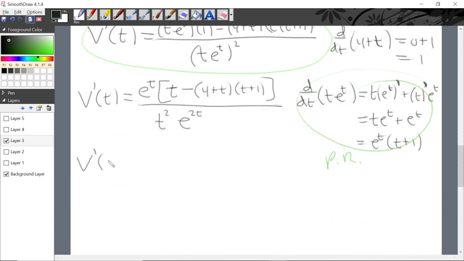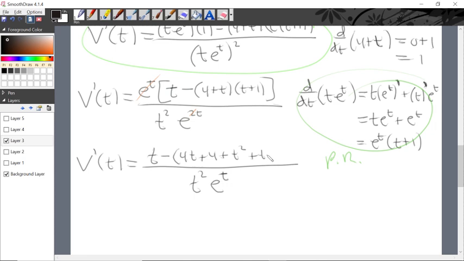Okay, so v prime of t, cleaned up further, now we can cancel one of these e to the t's here with one of these down here. Okay, so the denominator now is t squared e to the t. And the numerator, let's see what we get if we FOIL this out. It looks like we get 4t, okay, and then we're going to get a plus 4 plus t squared plus t, okay.